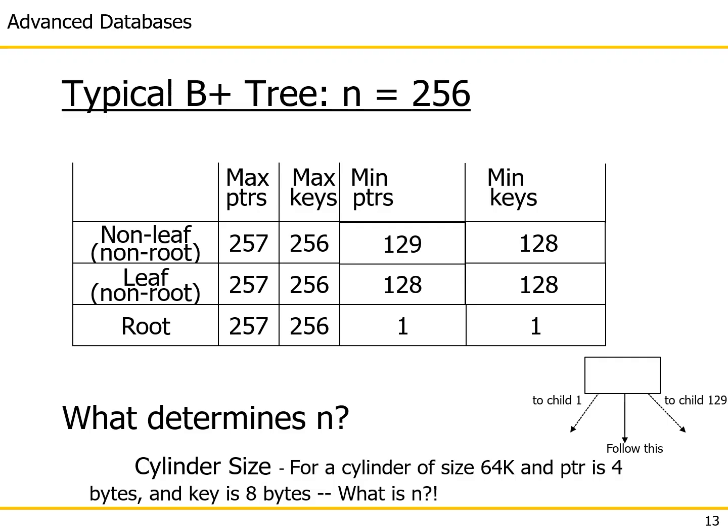So I already mentioned before that n in the B plus tree is actually quite big. How big is it? It's actually related to the cylinder size, the topic we discussed before in lecture 1. In most hard disks nowadays, the cylinder size, as you recall, varies from 16 kilobyte all the way to 64 kilobyte.